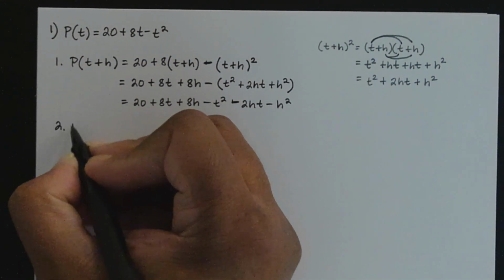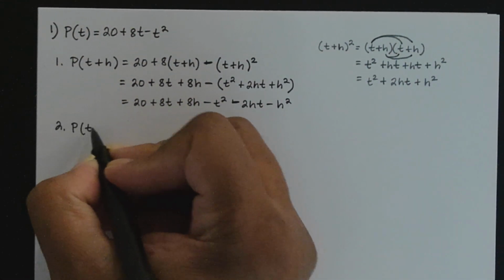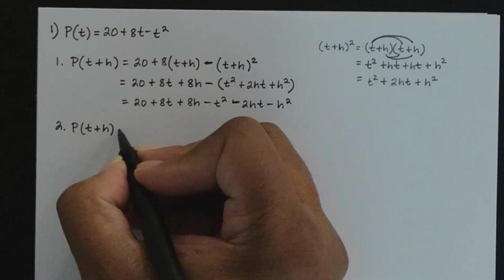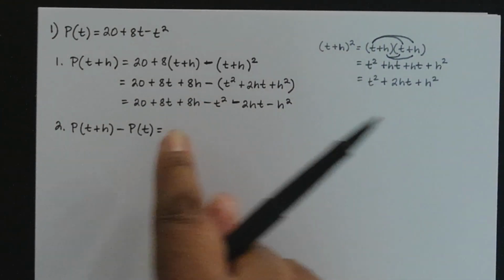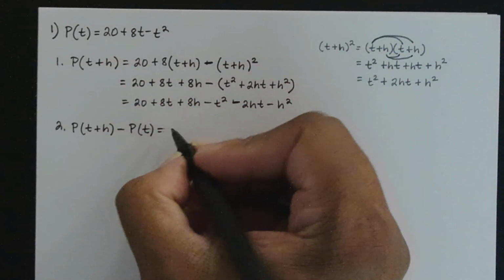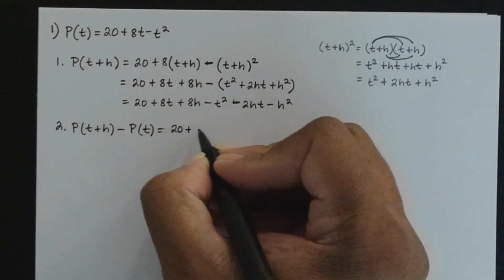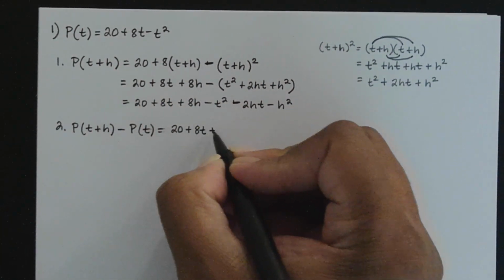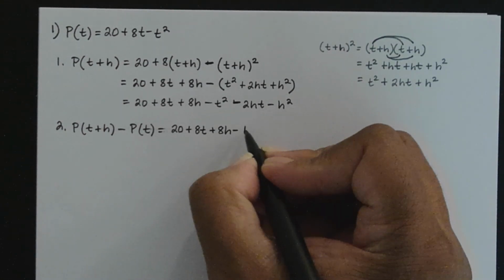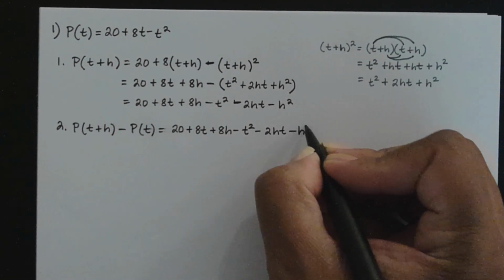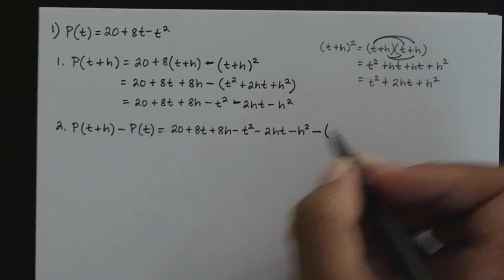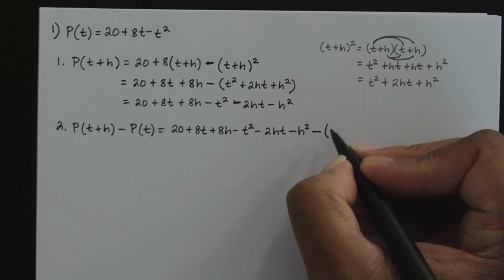Now step number 2 is subtracting P of T plus H minus what P of T is. So I'll take this expression, as long as it is, and then we're going to subtract from it what P of T is.